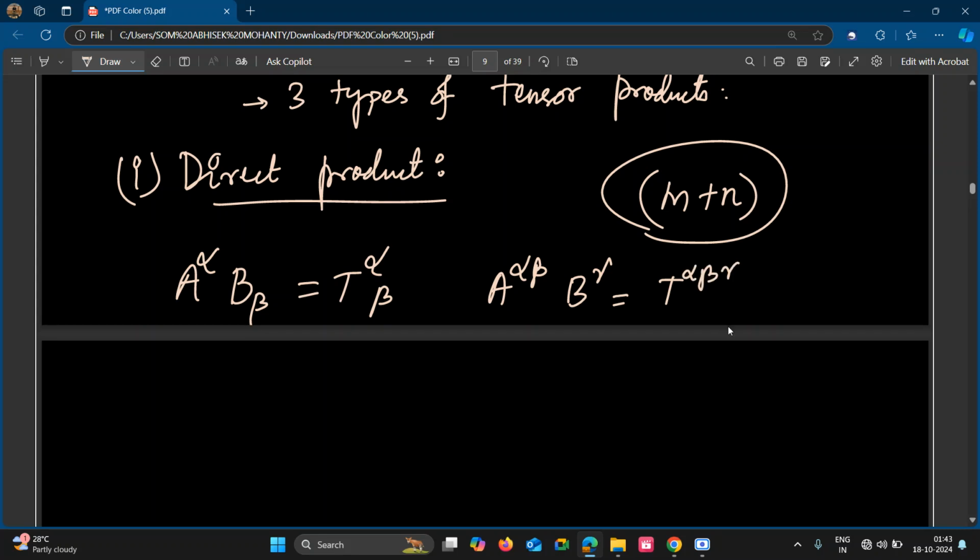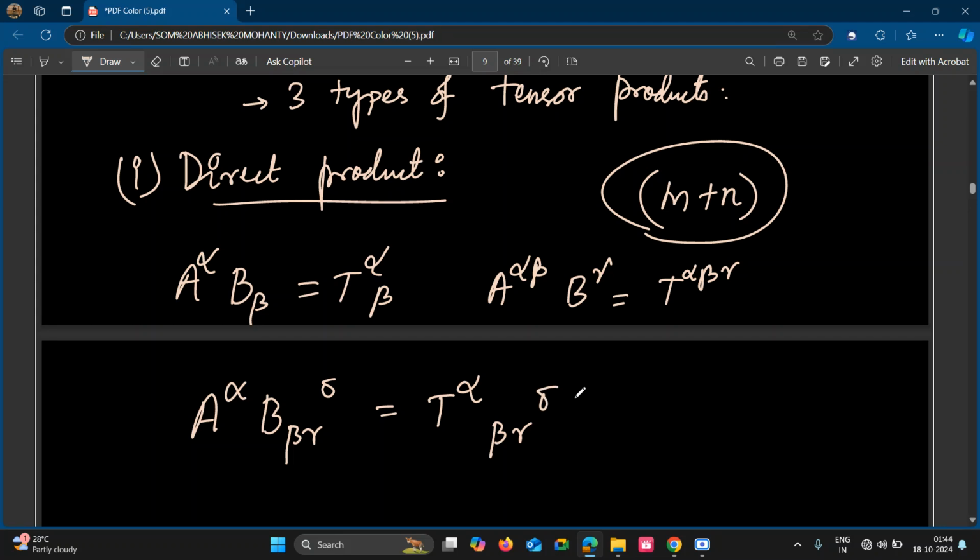Everything will be contra. If I take the direct product of them, it will be like A alpha, B beta gamma delta, so this will become T alpha beta gamma delta.